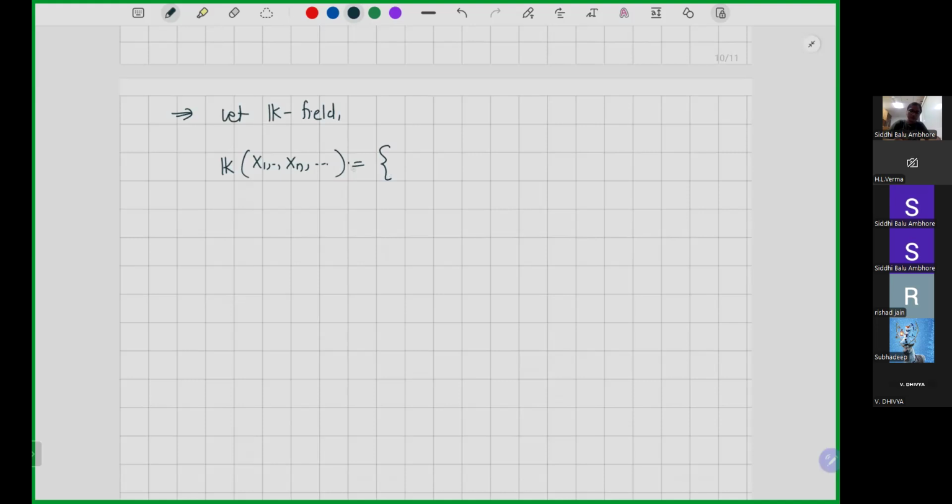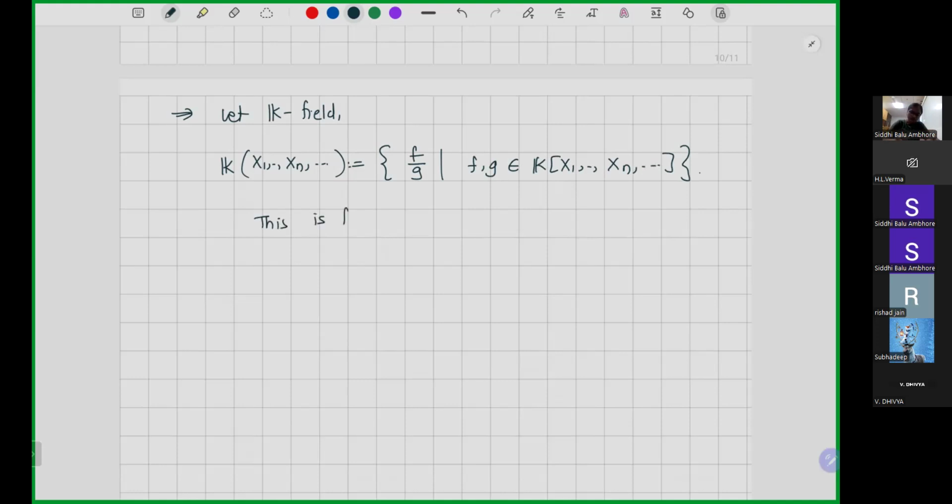This is in fact the ring of rational functions, quotients of polynomials in the variables x1 to xn and so on. This field has infinitely many variables, so the polynomial ring has infinitely many variables. So this is a field.